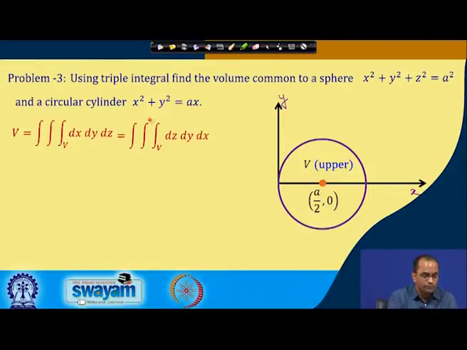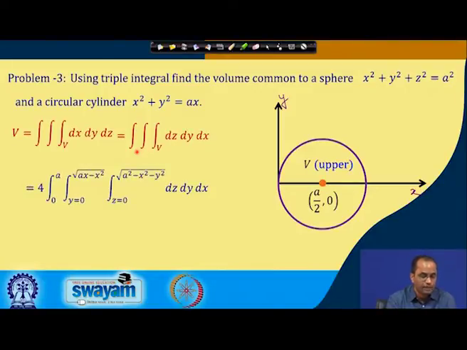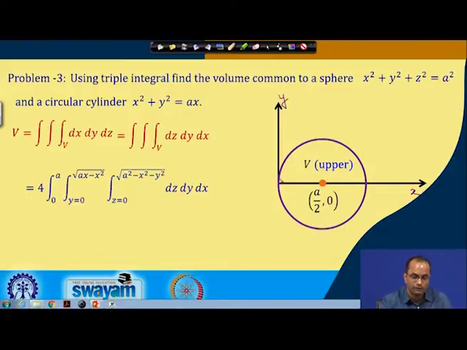So, the most important part again here is finding the limits for this v, and what we do now, first with respect to z, again we are putting. So, in the direction of z, let us take the multiplication of 4, and we will just consider only the upper half of this cylinder.